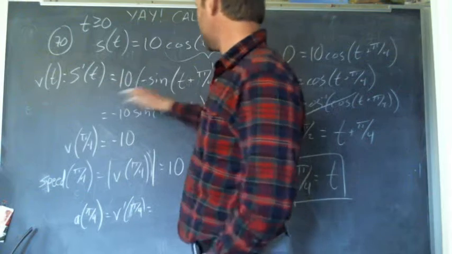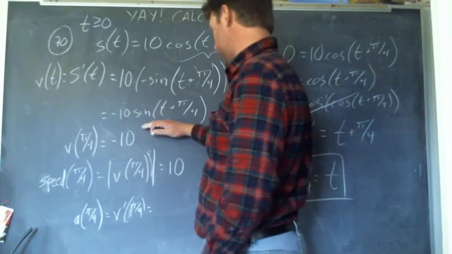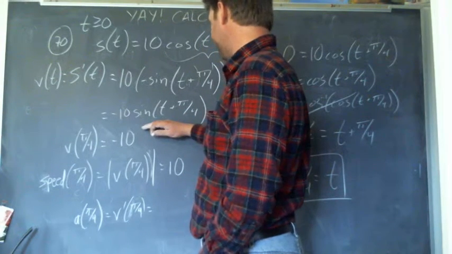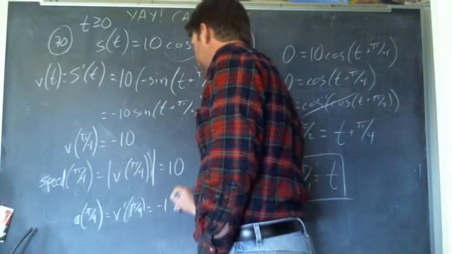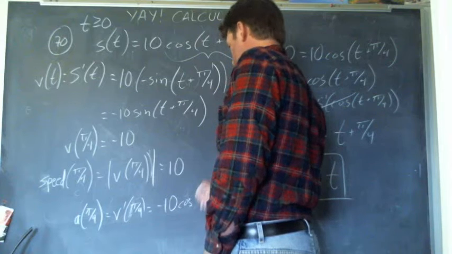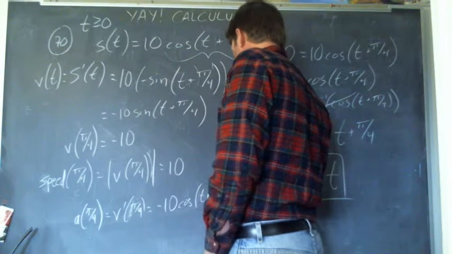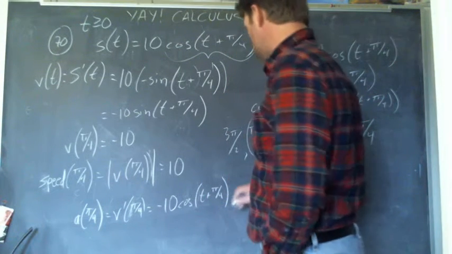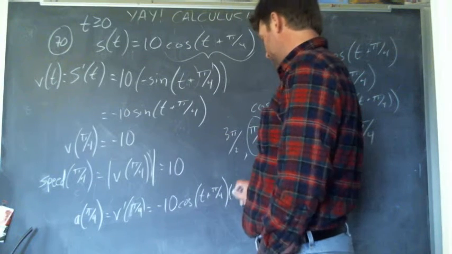So our acceleration is the first derivative of velocity at pi over 4. Here's the velocity function. When you take the derivative of this, that's going to be negative 10. The derivative of sine is cosine of t plus pi over 4, times the derivative of the inside, which is just 1.